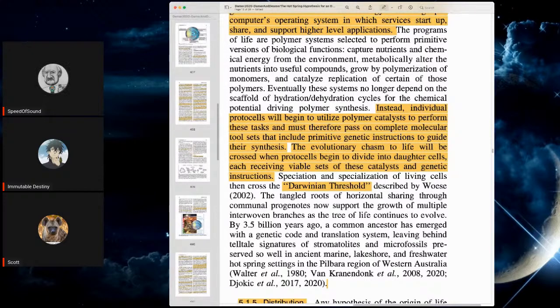And Bruce Damer, I'm going to put links to all the papers that are referenced here. I think I got them all. I'm not sure if I got Walter et al., but anyway, I have most of them. And he makes a couple of wonderful videos about how this hot spring idea got started. And Damer and Damer both are working on a paper that they haven't published yet, where they actually did this in a laboratory and they have results.